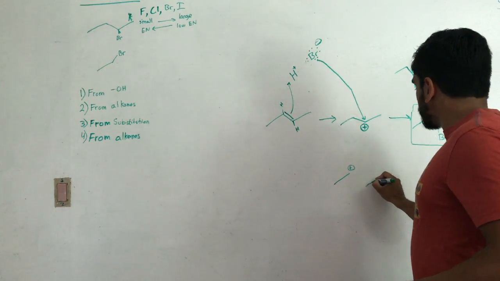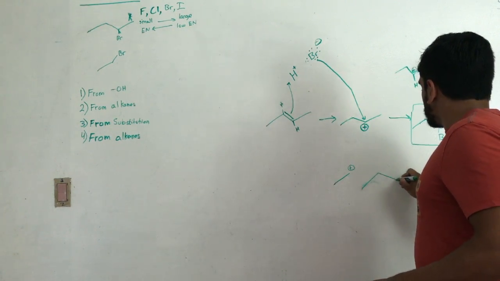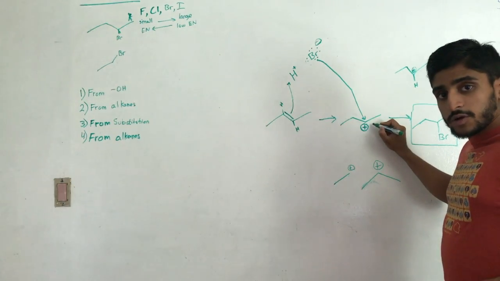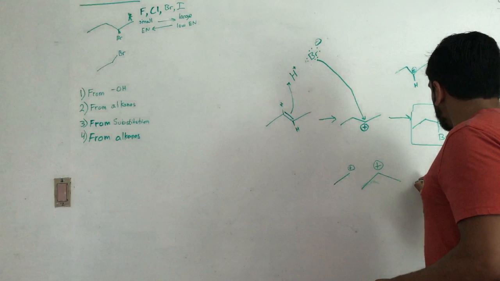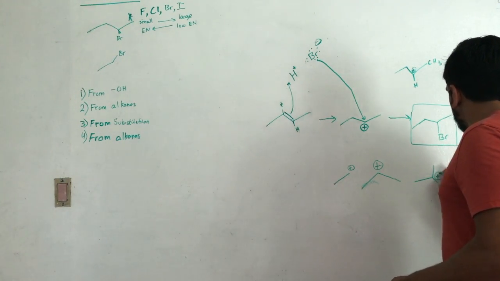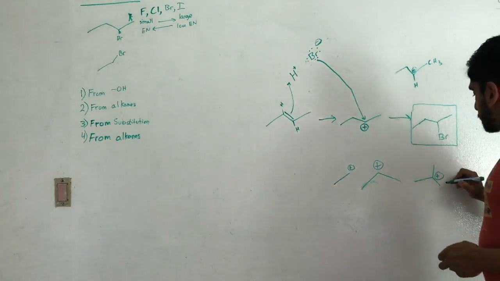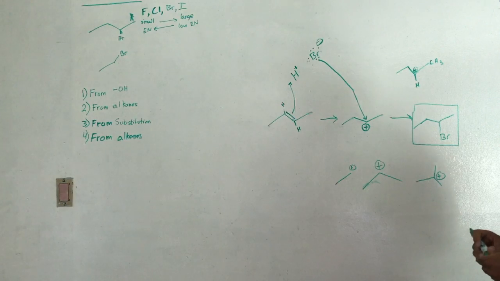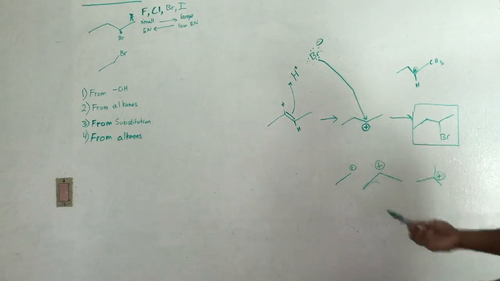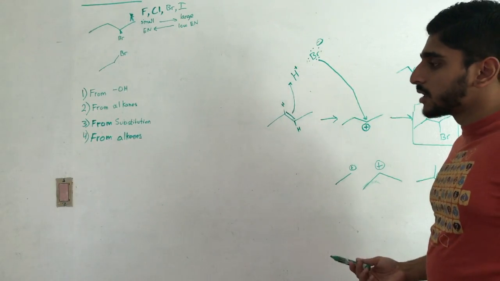Then there are secondary carbocations, of which this is an example. And then finally, the most stable of all carbocations is this. That's the tertiary carbocation.